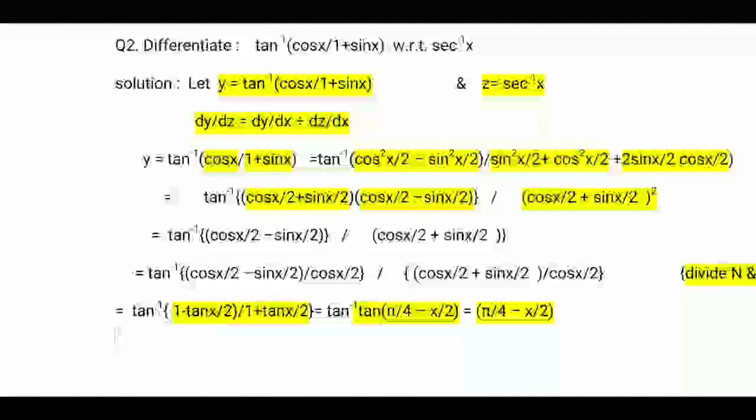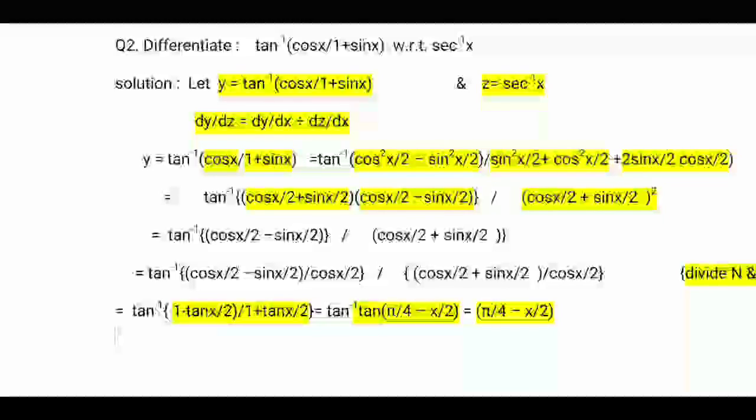That means tan inverse, now cos square x by 2 minus sin square x by 2, factorize this: (cos x by 2 plus sin x by 2) into (cos x by 2 minus sin x by 2), whole upon, this is the formula, sin square x by 2 plus cos square x by 2 plus 2 sin x by 2 cos x by 2, that is equal to (cos x by 2 plus sin x by 2) whole square.